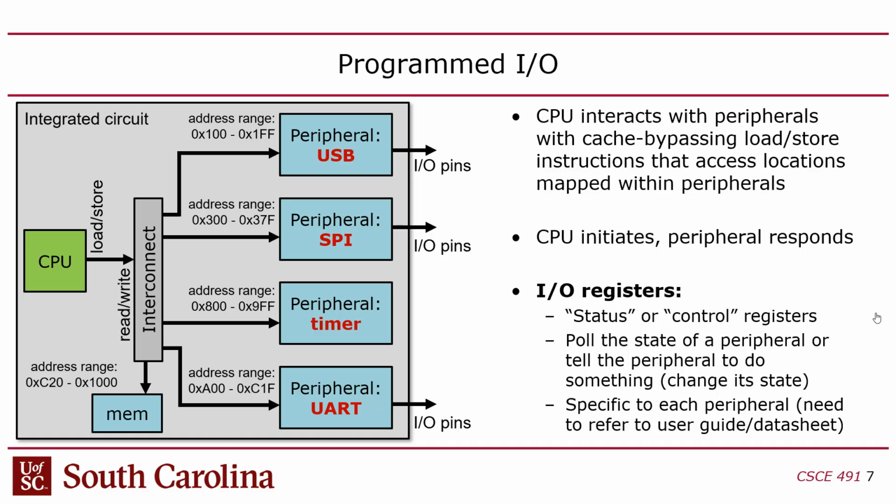Yes? I understand the magic numbers part, but say for instance you had an address range for any of these peripherals that's like 10. Is that 10 of those peripherals, or is that like? Oh no, they have 10. So yeah, that's a great question. Each peripheral has a different number of control, or I should say I/O registers, right? So some of these will have a wide range.